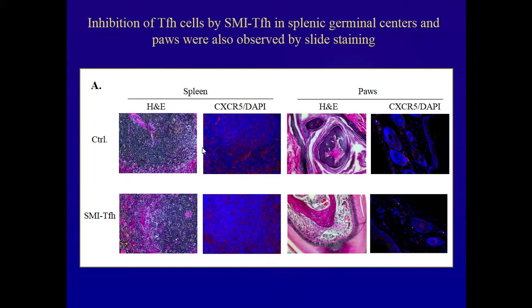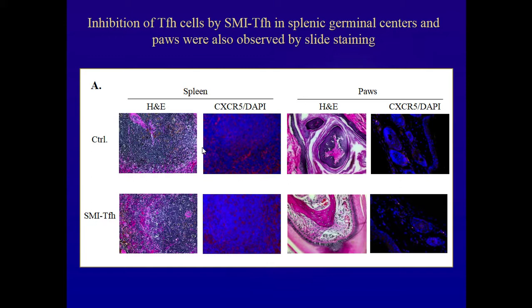You can see the structure in the paw. A lot of inflammatory cells deposit in the paw in the control mice, and the structure is deformed. In those treated with the small molecule inhibitor on the T follicular helper cell, the structure is very intact, and we can hardly see any T follicular helper cell in the paw.